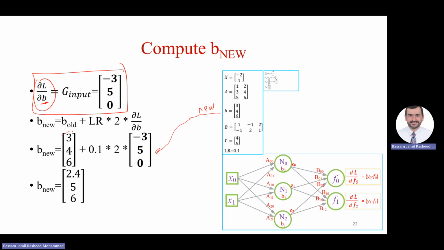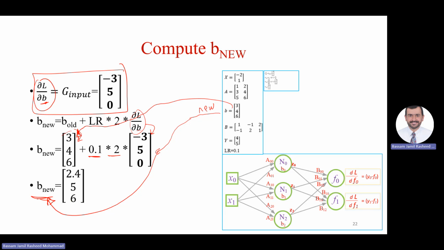Well, it equals the old values, right? These are the old values right here, plus learning rate 0.1 times 2 times what I have computed, delta L over delta B, which is this one here. You crunch the numbers and you get the new value of B, which is 2.4, 5, and 6.